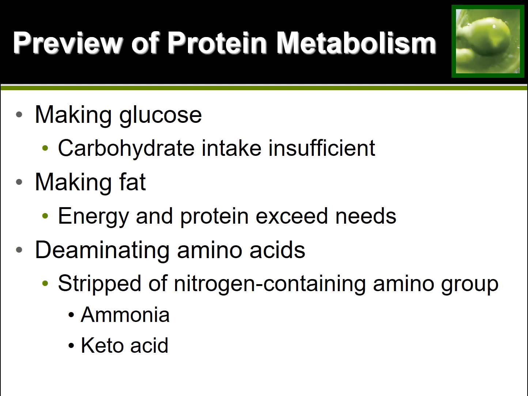And so in situations where we are running low on carbohydrates, we have to find a way to make glucose if we're not giving it to our body, in order for our body to continue to function and fuel the brain. And in those situations, we said that we go through a process called gluconeogenesis. If you remember from the carbohydrates chapter, that was making carbohydrates, making glucose from a non-carbohydrate source, primarily protein.